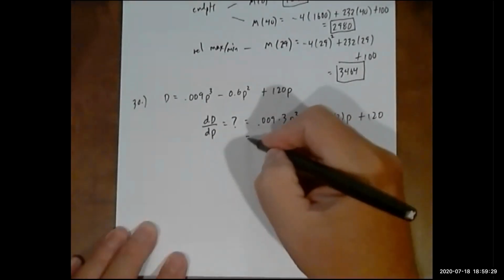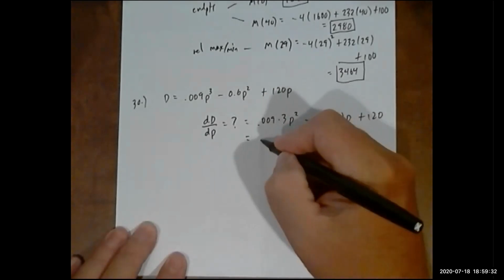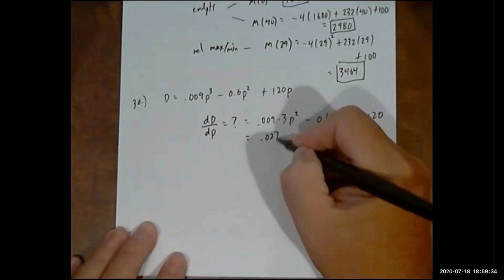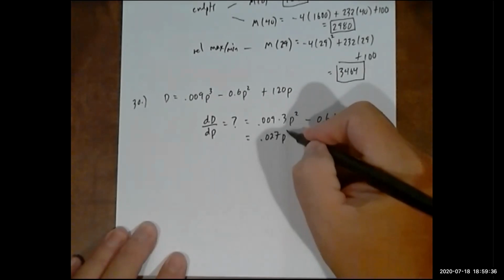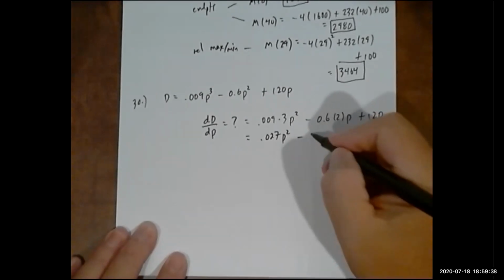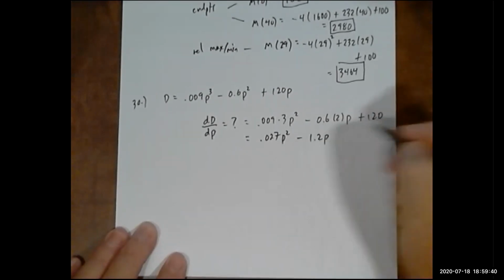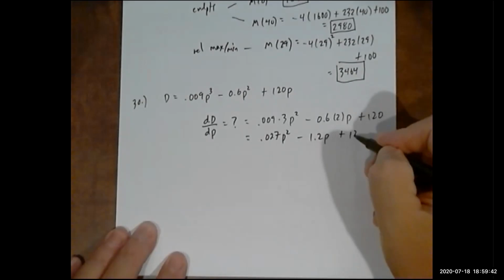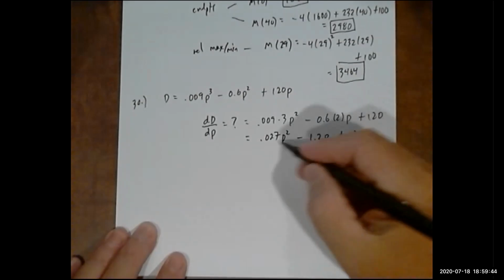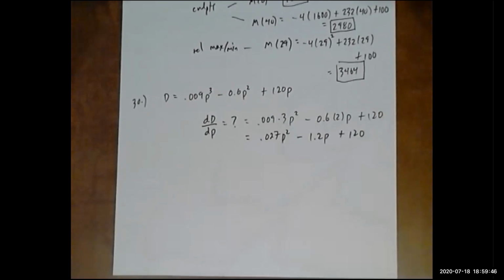I believe this is 0.027 P squared minus 1.2P plus 120. I hope that's the answer. We will see. I think they just want the expression.